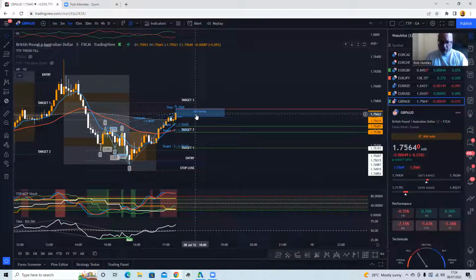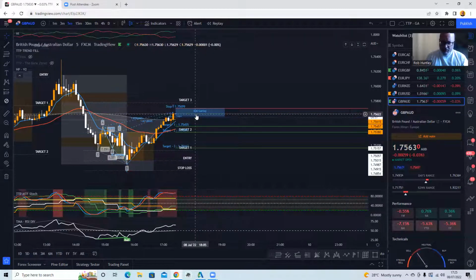So I thought I'd share it with you. For those of you that aren't even aware of harmonic patterns, then you don't necessarily need to worry too much.